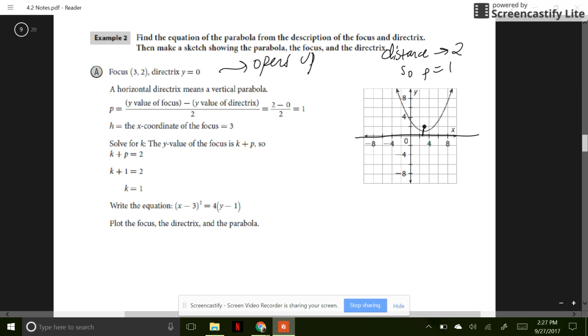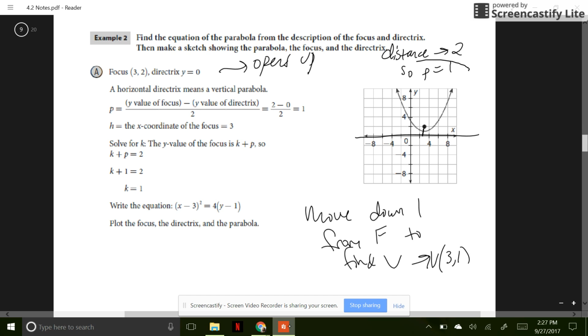Since p is the distance from the focus or the directrix to our vertex, we should move down 1 from our focus to find our vertex, which means our vertex is going to be at (3, 1).